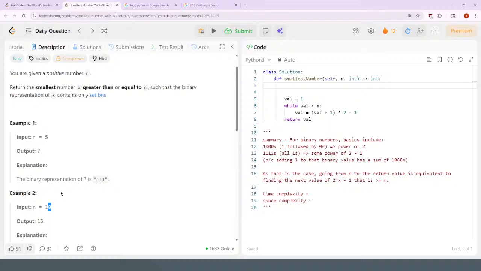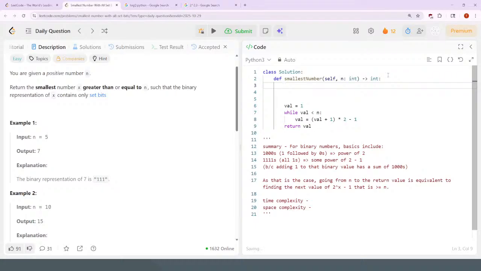And that should work for something that is the correct value. Let's say the correct value is already 7 as n. 7 plus 1 is 8. Log base 2 of 8 is 3. Round up is still 3. 2 to the third is 8. 8 minus 1 is 7.